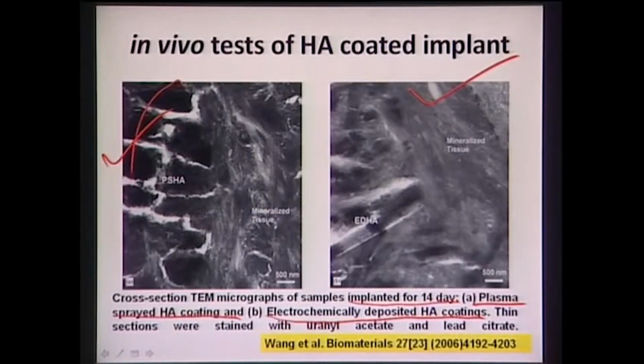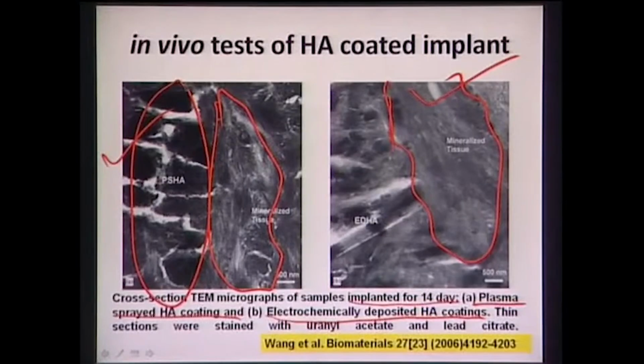Now this is your coating structure, and this is your mineralized tissue. Mineralized tissue means these tissues have a lot of hydroxyapatite content. Mineral means the inorganic component of the bone, that is hydroxyapatite. And this is the mineralized tissue which is formed here, and you can clearly see it after the staining.